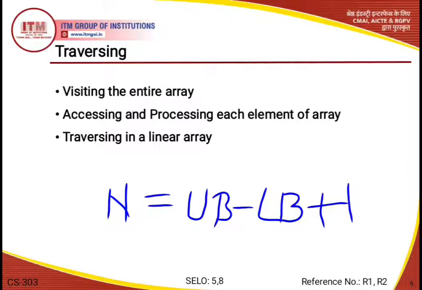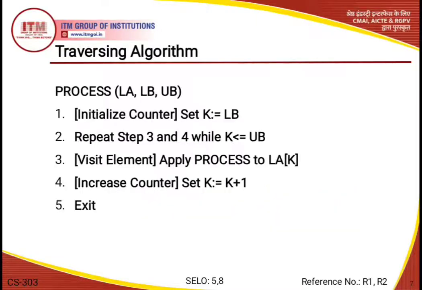Now, for a better understanding of the traversing procedure, I am writing this algorithm here so that you can easily understand how traversing is done. In this algorithm we traverse a linear array, indicated as LA.